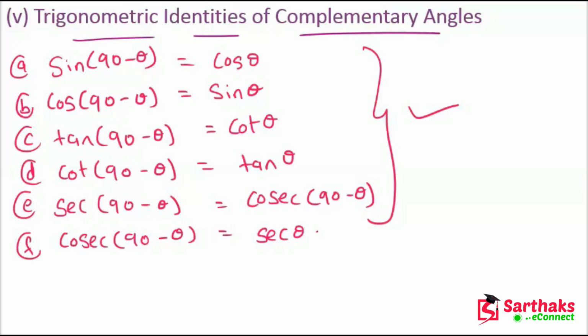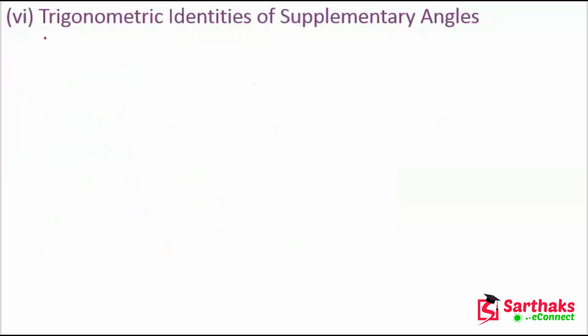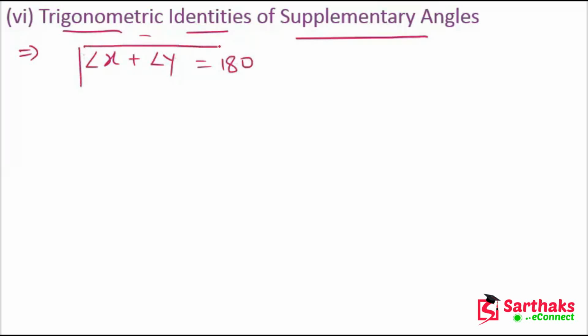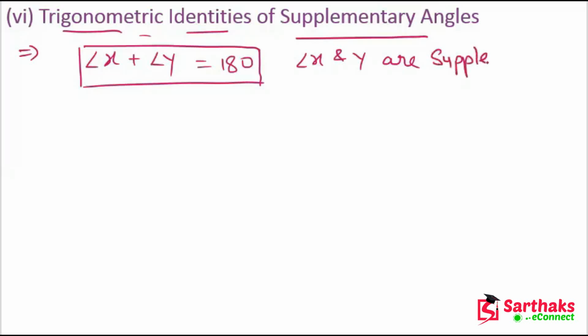The next is trigonometric identities of supplementary angle. What is a supplementary angle? Supplementary angles are a set of two angles; if the sum of these two angles is 180 degree, then we can say that angle X and angle Y are supplementary angles.